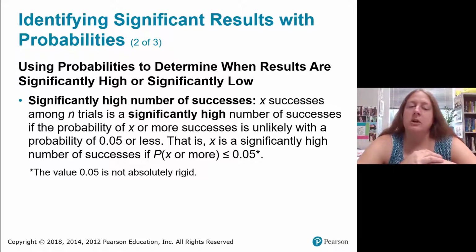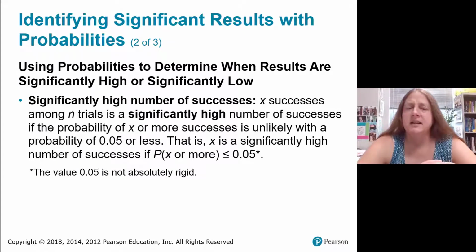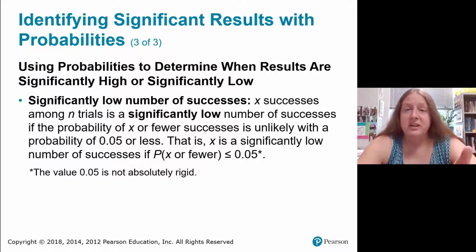So if the probability of this happening just by chance is 0.05 or less, then we say, you know what, that was a significantly high number of successes, so that assumption is probably not right. Similarly, if we do the low version, same deal. We're looking for a probability of 0.05 or less of X being that small.